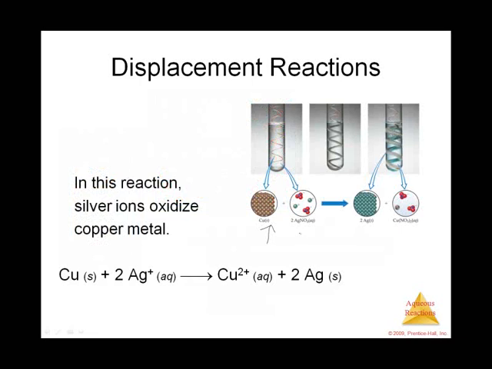We put a solution of silver nitrate in, and what happens is the copper displaces the silver. We're left with silver metal plating out on the copper, and we get copper nitrate solution, which happens to be blue. The copper 2 plus ions are blue. If I write the net ionic, this is what I get.